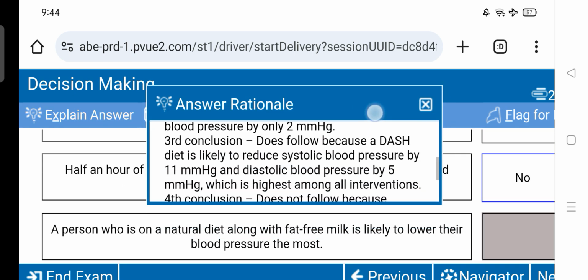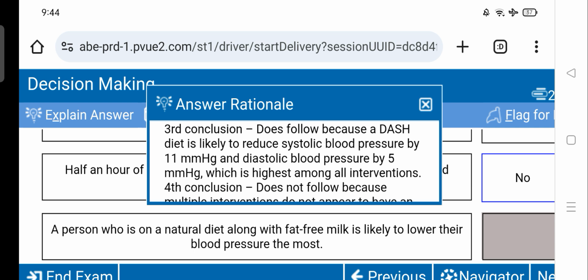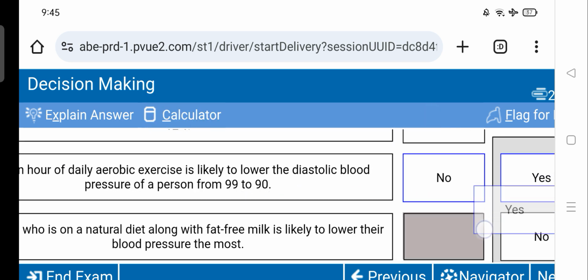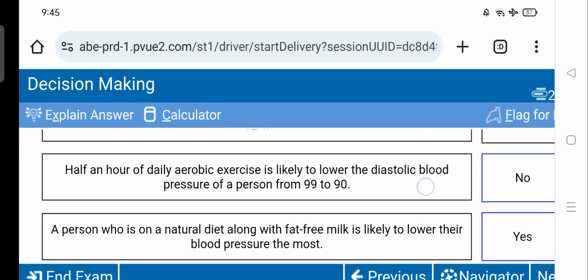Third conclusion does follow because the DASH diet is likely to reduce systolic blood pressure by 11 millimeter mercury and diastolic blood pressure by 5 millimeter mercury, which is highest among all interventions. So it does follow, so that's why we will drag a yes and drop it here.